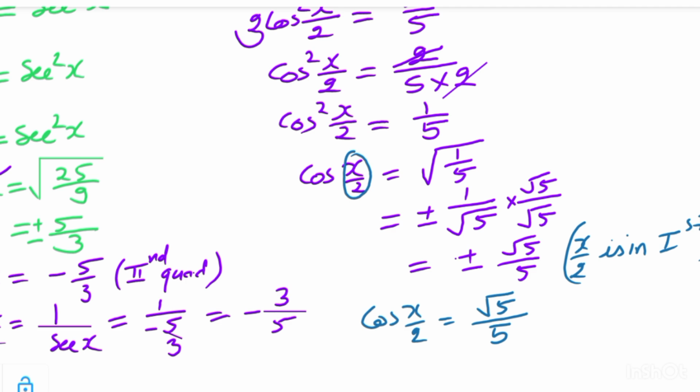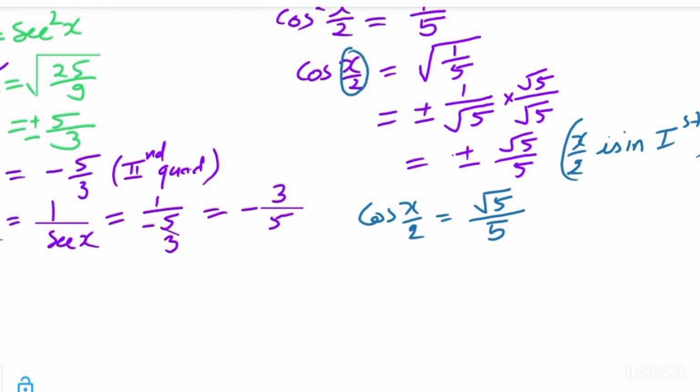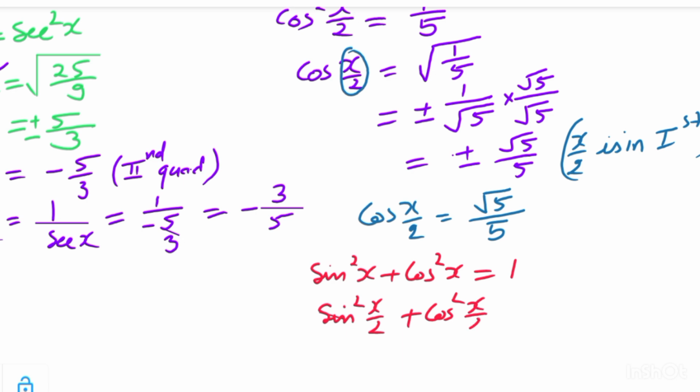Now from cos we can find out the value of sine. So we know that sine square x plus cos square x is equal to 1, right? So sine square x by 2 plus cos square x by 2 will also be equal to 1.